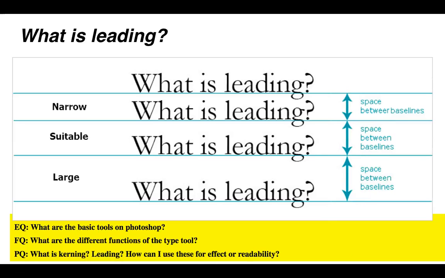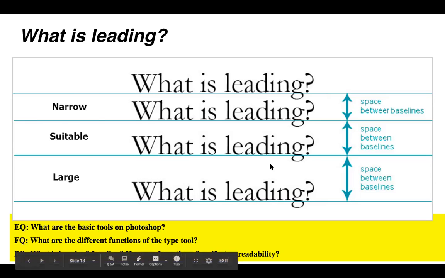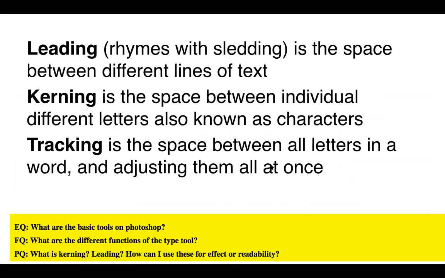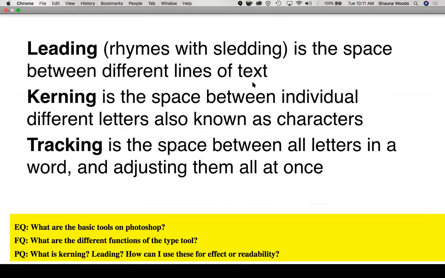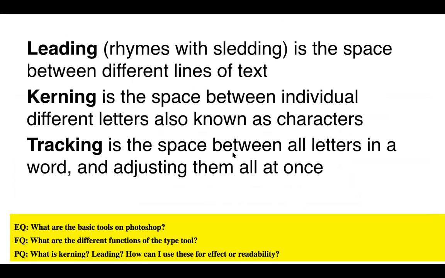It's actually the spaces in between lines, in between baselines of text. So if there's an imaginary line under your text, it's the space between that and the next line. So when you do an essay and they want it double spaced, you're actually adjusting the leading. And these are the definitions. I have them on Google Classroom as well. But I just wanted to go over them with you so you have a little bit of understanding of the vocabulary, and then I'm going to do the demonstration.